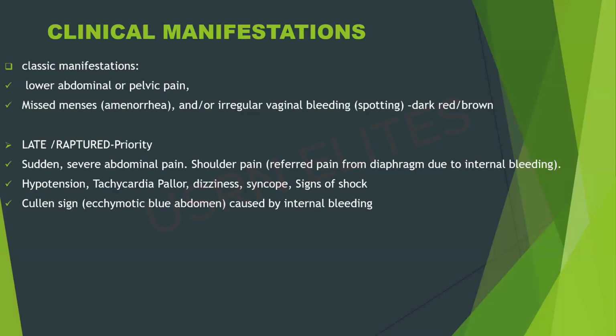Cullen sign, that's an ecchymotic blue abdomen, and that is as a result of bleeding internally. So know the signs of ruptured ectopic pregnancy. That is something which is sudden and most common.